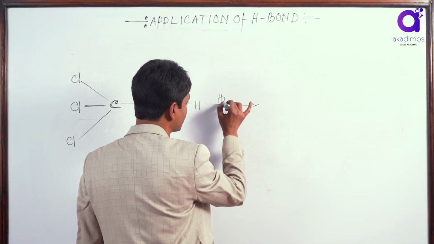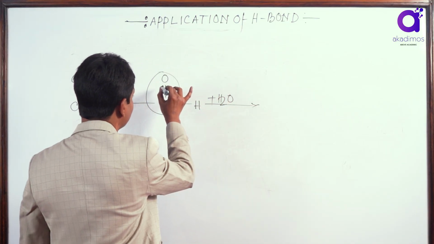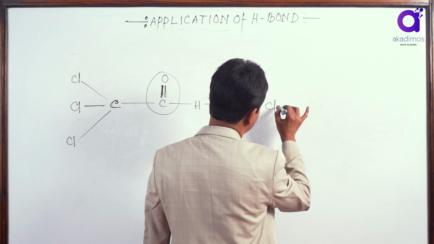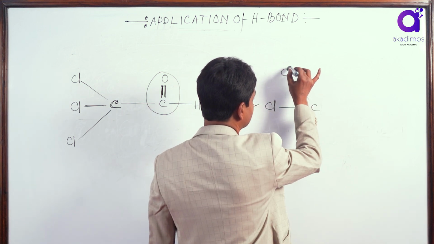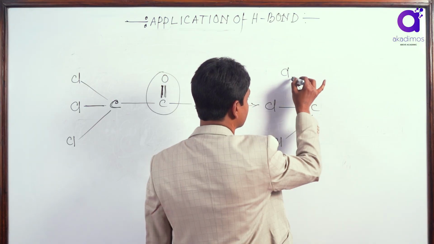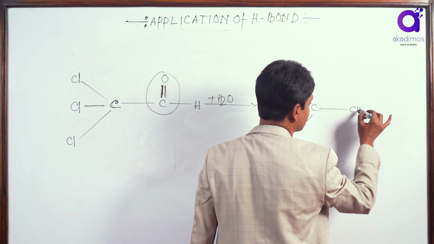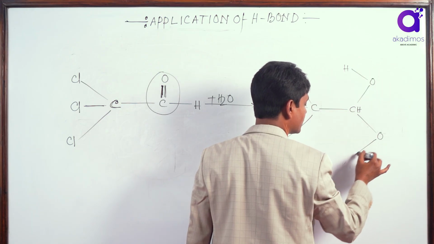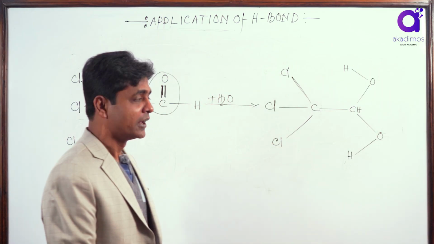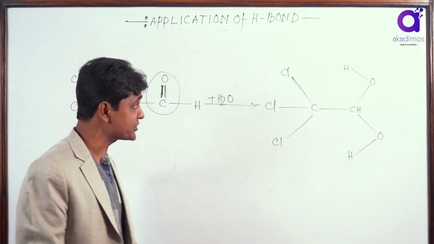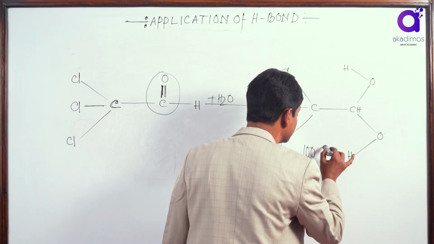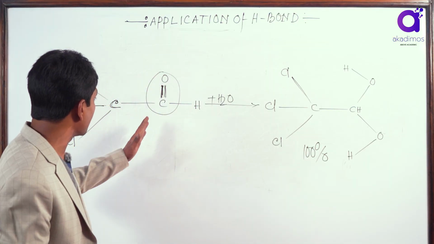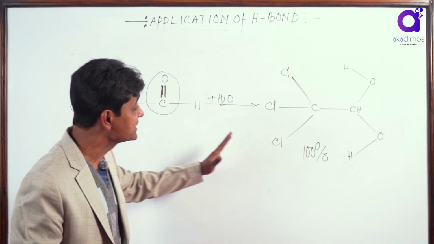If you take a water molecule, then C double bond O is converted to 2 OH groups. Now this chloral exists 100% in this hydrated form, not as the anhydrous form. Not like a normal aldehyde, it will exist as this form.